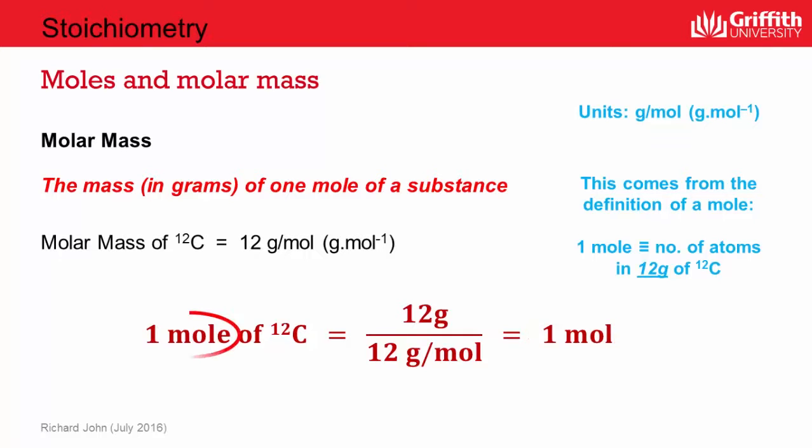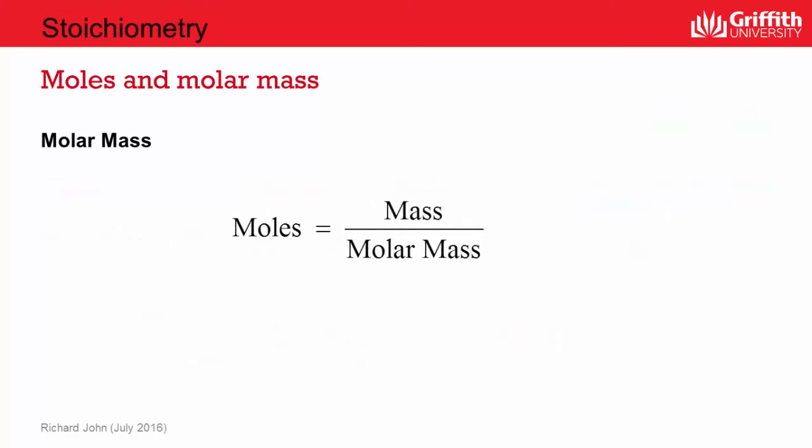Importantly, what we've got is moles equals mass over molar mass. And whilst this works for carbon-12, it also works for every other element on the periodic table, and we've got a general relationship now of moles equals mass on molar mass.